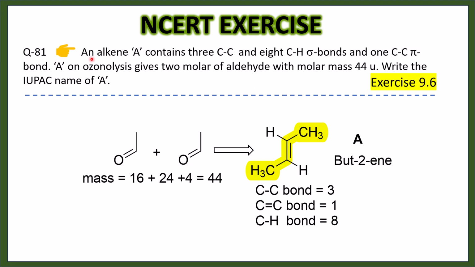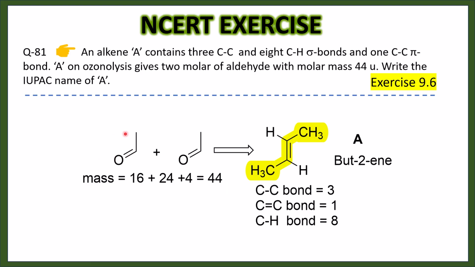Question number 81: an alkene A contains 3 C-C bonds, 8 C-H sigma bonds and 1 C-C pi bond. A on ozonolysis gives 2 moles of an aldehyde with molar mass 44 u. Write the IUPAC name of A. We can find that this aldehyde has oxygen 16, 2 carbons 24 and 4 hydrogens 4, which means 44.